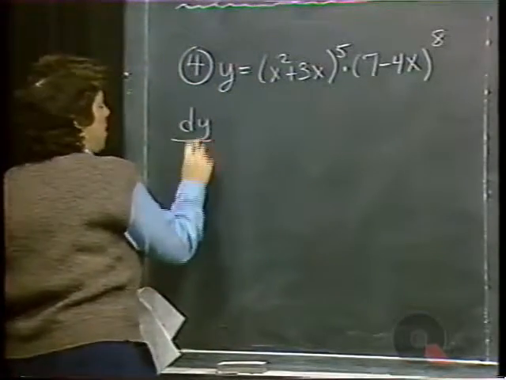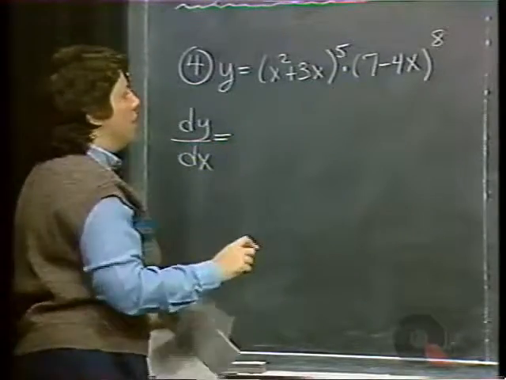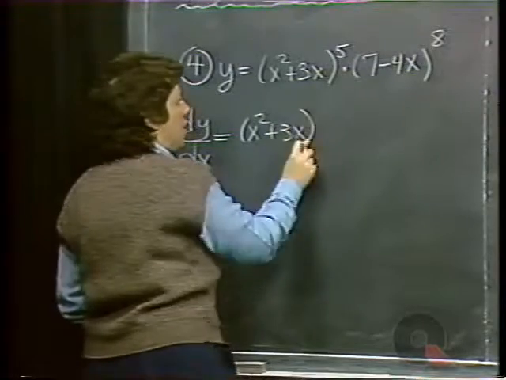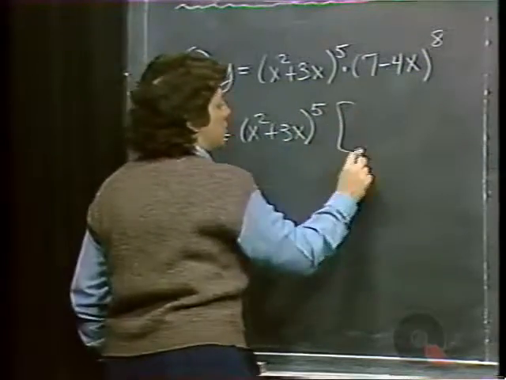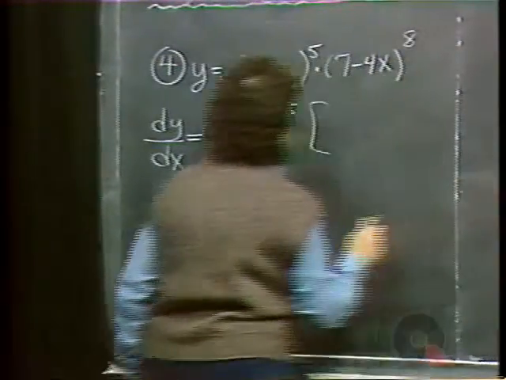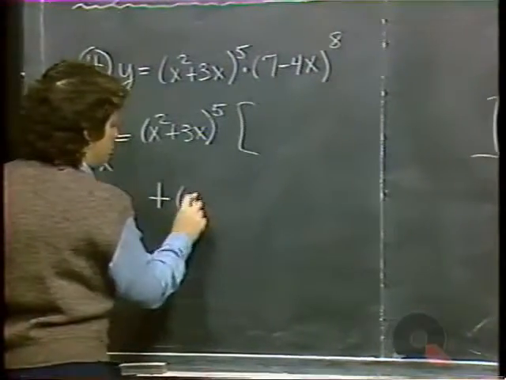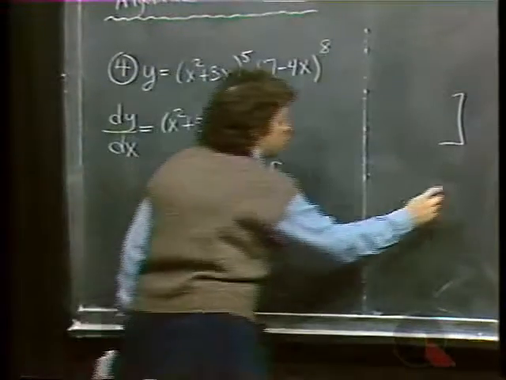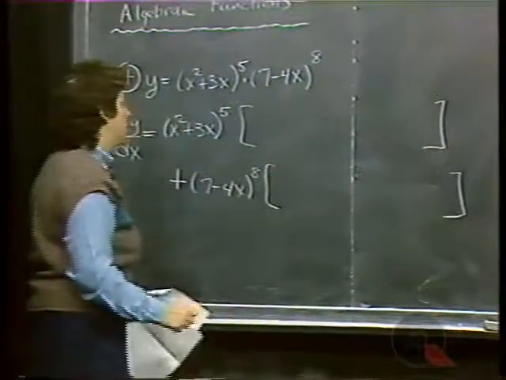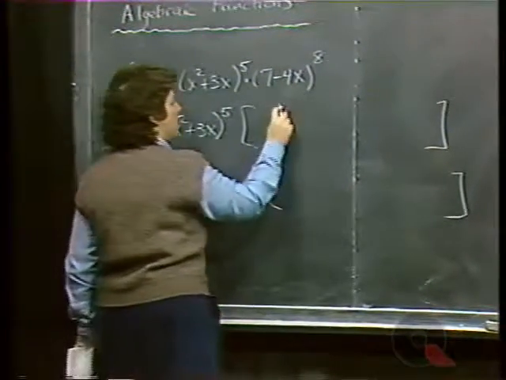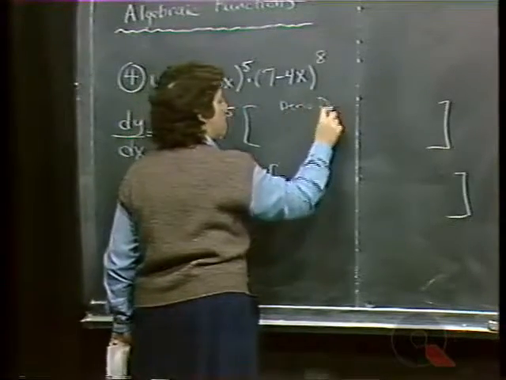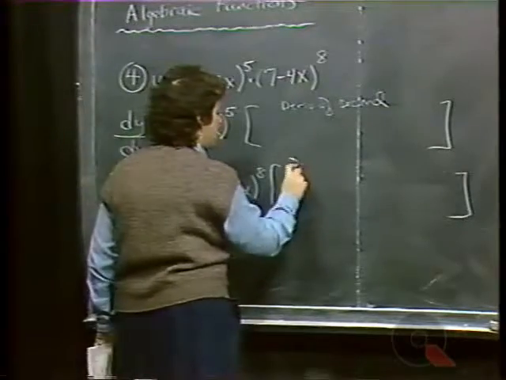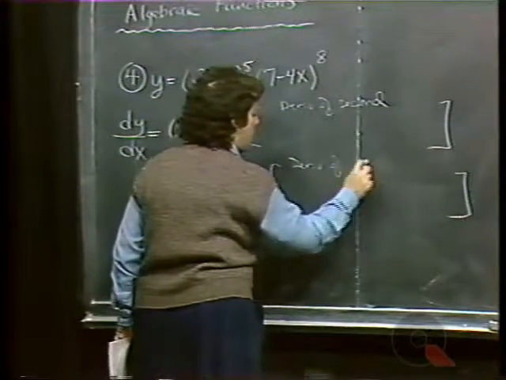The derivative of a product is going to be the first function times the derivative of the second plus the second function times the derivative of the first.